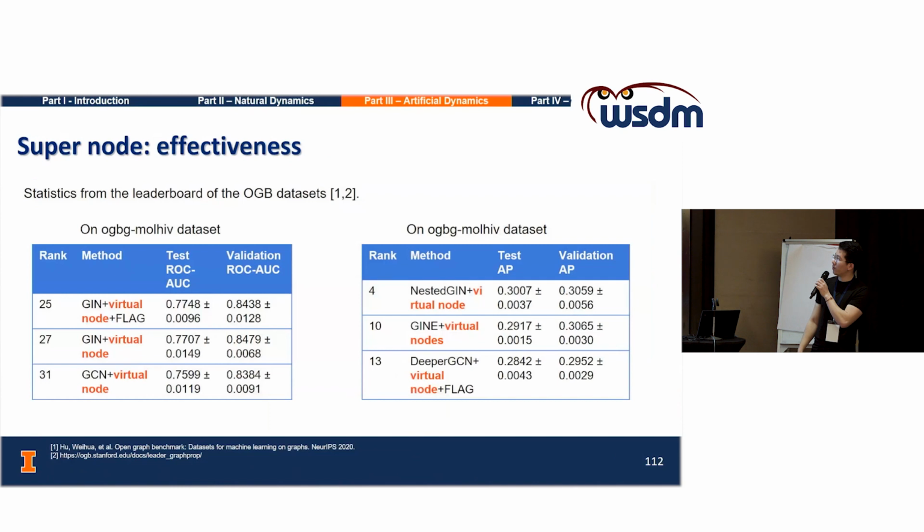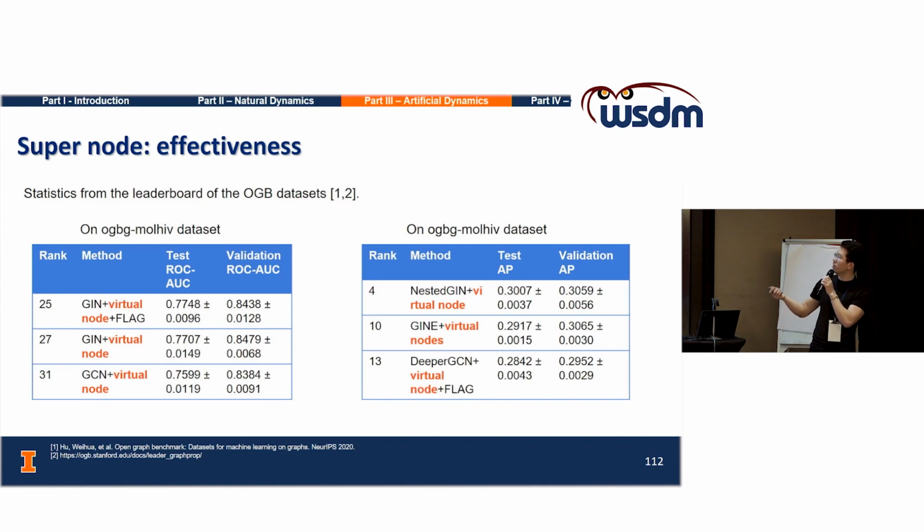Let us see the effectiveness of the supernode. As I said, this technique is highly flexible and applied by many works. So I selected some statistics from the leaderboard of the OGB dataset, which is a popular academic research dataset. We find a lot of work applied the technique.